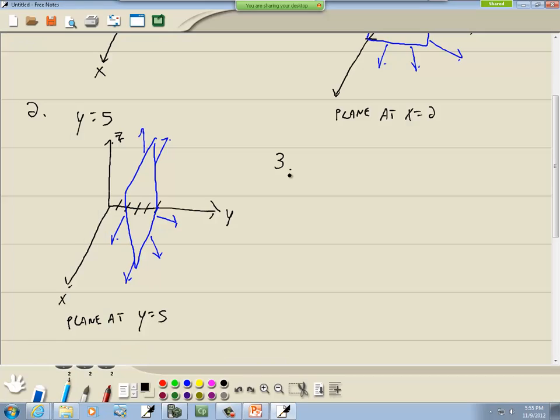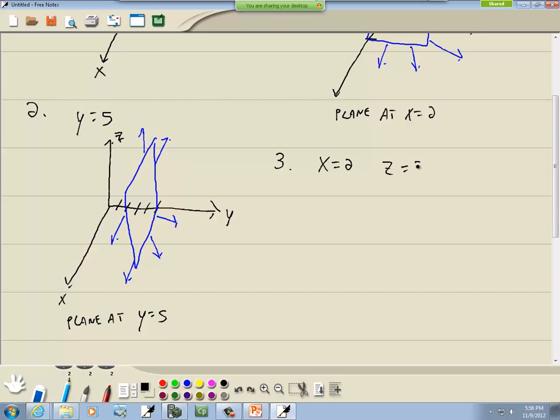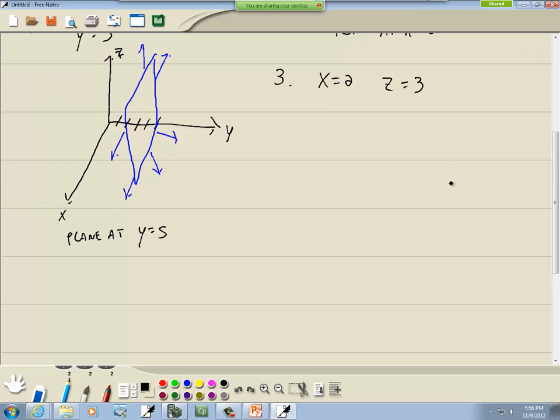Now third one. We've got x is equal to 2, z is equal to 3. Well, let me get to what it looks like here. X equals 2. Well, that means we're going to have a plane at x is equal to 2.